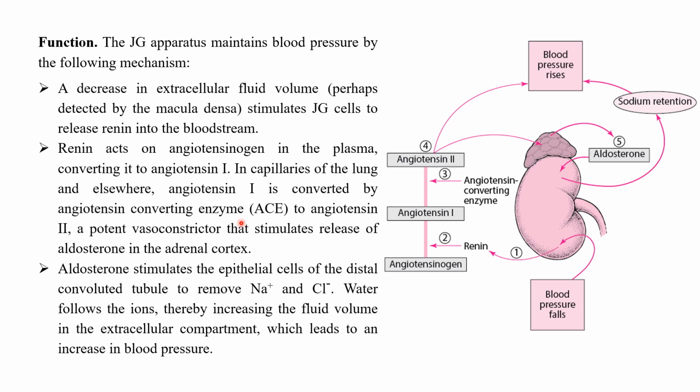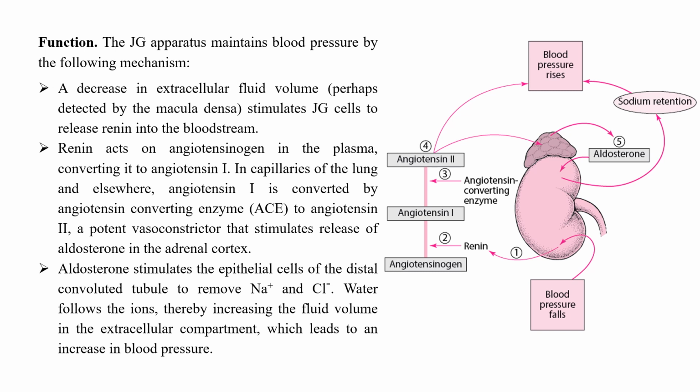And this aldosterone in turn stimulates the epithelial cells of the distal convoluted tubules. The aldosterone, which is secreted by the adrenal cortex, reaches the distal convoluted tubule, and once the distal convoluted tubule comes in contact with aldosterone, sodium and chloride ions are removed from the distal convoluted tubule.